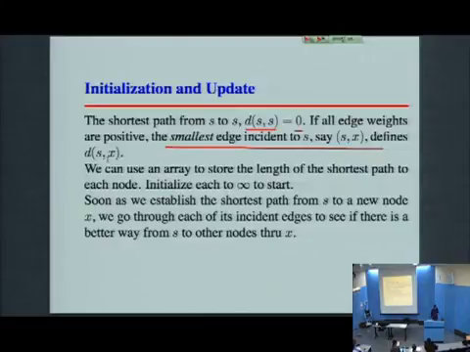Then what we're going to do is every time that we add another vertex to our shortest path spanning tree, we're going to go through its outer edges and see if there is a better way to get from S to some other vertex through this new guy. Okay? And in that sense, it's just like Prim's algorithm. Any questions?